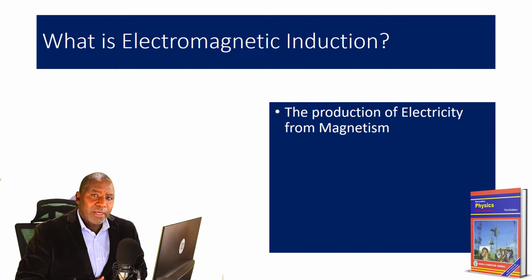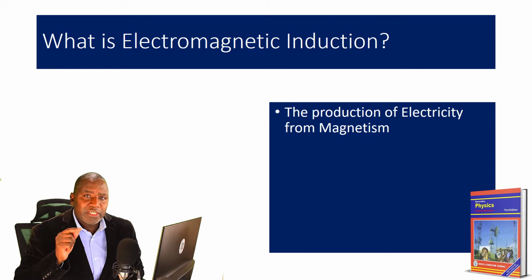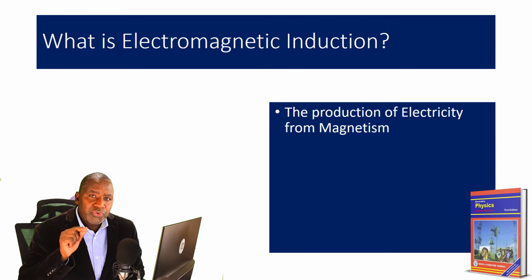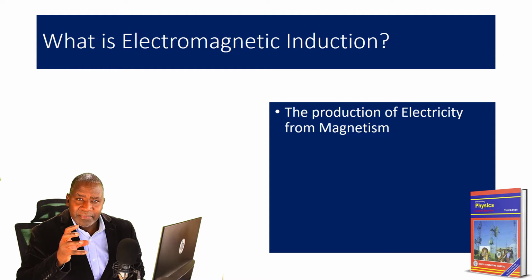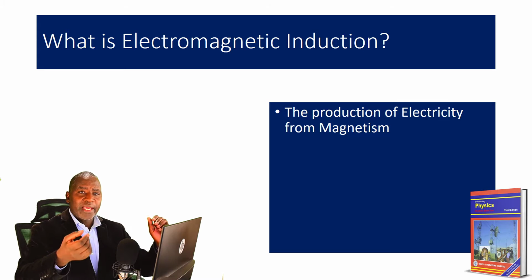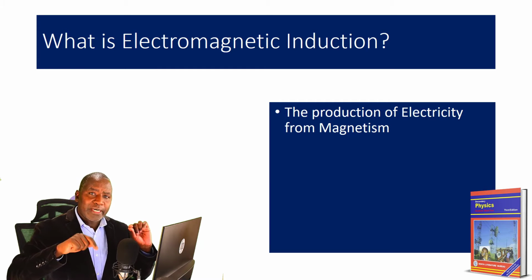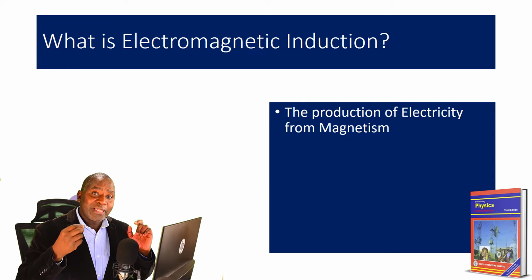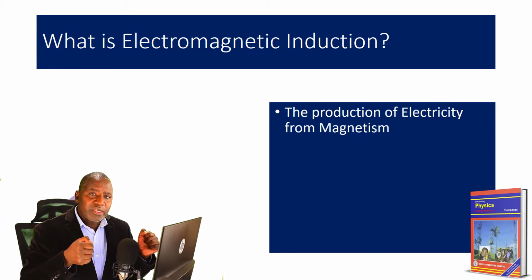Somewhere when you were in Form 2, you studied the topic magnetic effect of electric current, where you used electricity to create magnetism. You studied electromagnets, where you take a soft iron core, wrap an insulated wire around that core, and connect a battery across the ends of the wire, and that way you make an electromagnet.